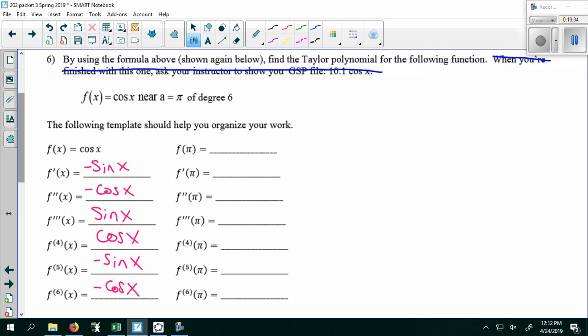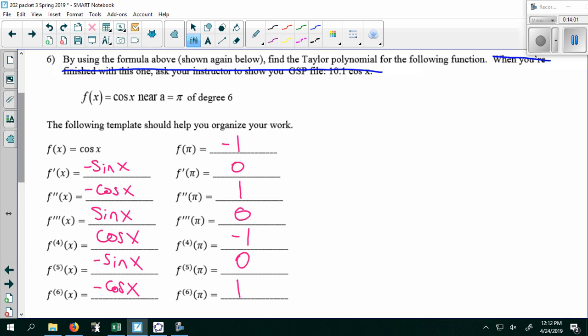And then I'm going to plug pi into each of these formulas. So the cosine of pi is negative 1. The sine of pi is 0, so negative 0 is 0. The cosine of pi is negative 1, but this is negative that, so it's positive 1. 0. The cosine of pi is negative 1. And now these things start repeating.